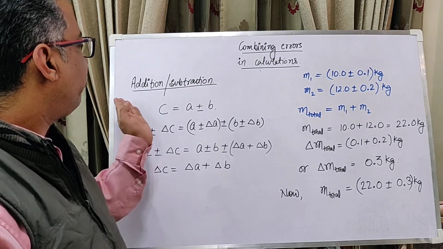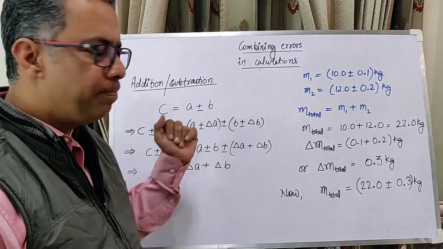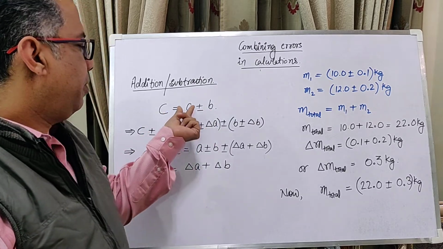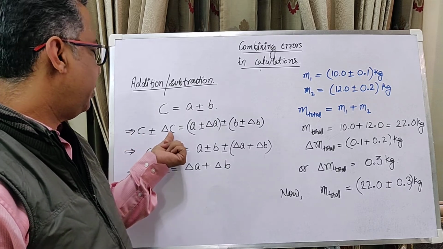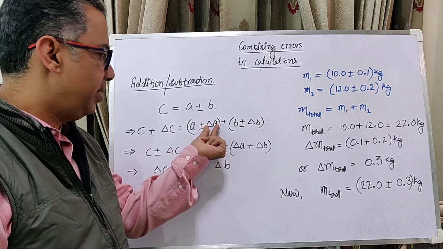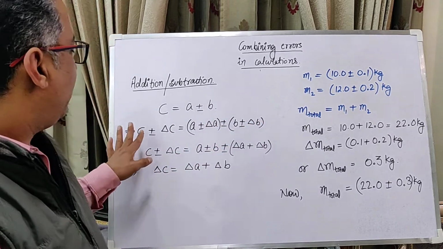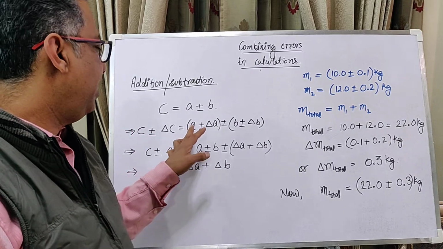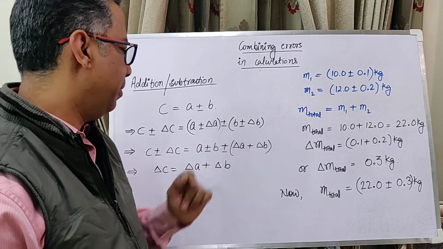Now, to start with, we are learning the rule for addition or subtraction. C is equal to A plus or minus B. Now, C plus minus delta C, being the error in C, delta A is the error in A and delta B is the error in B. Now C plus minus delta C is A plus minus delta A and B plus minus delta B here.